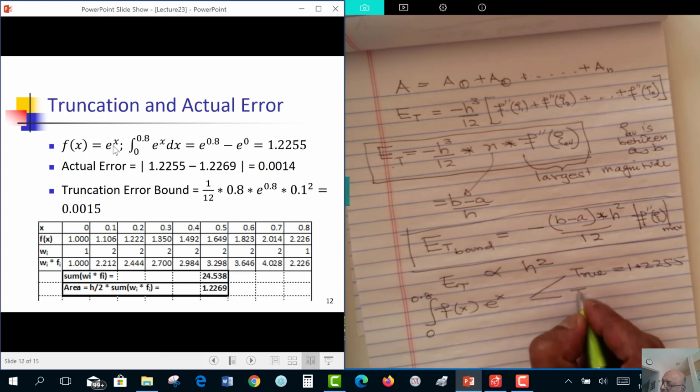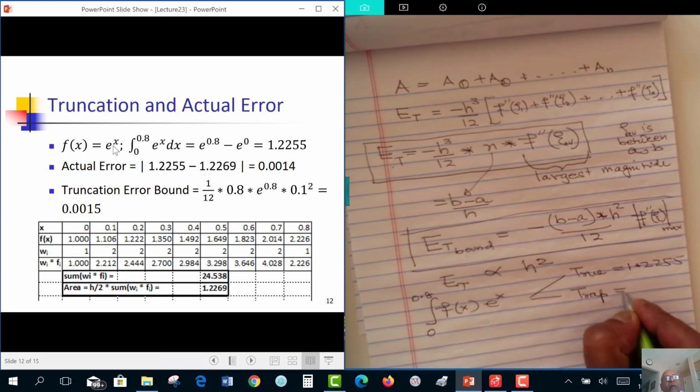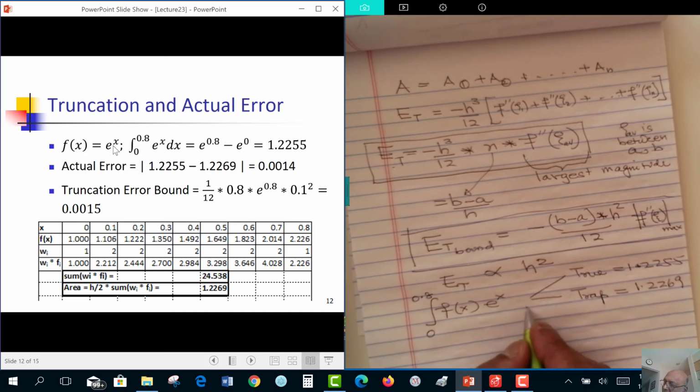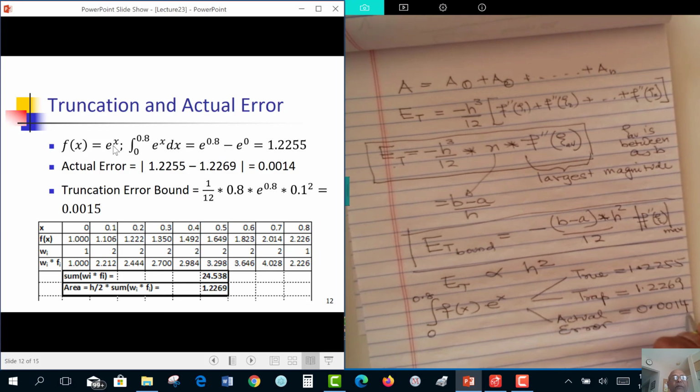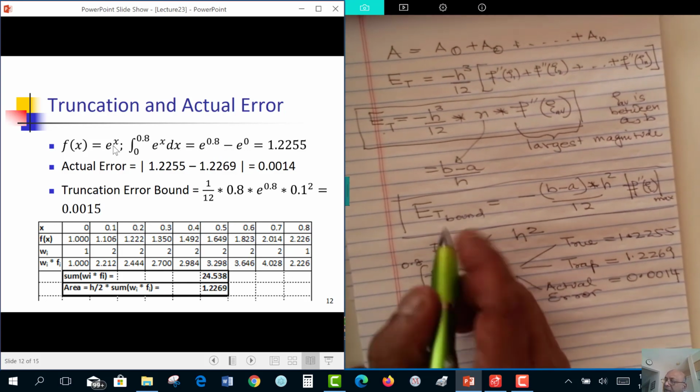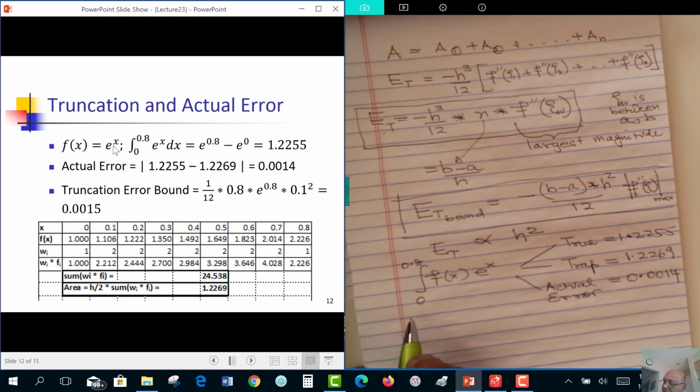Remember our trapezoidal estimate was 1.2269. So our actual error we found was the difference of this, 0.0014. Now let's see what our error estimate would say.